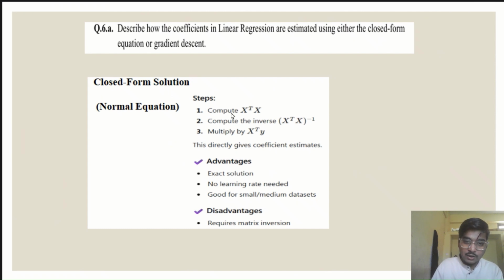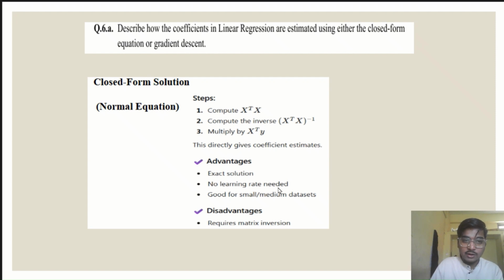First, we compute the transpose of X times X, where X is a matrix, and then we compute the inverse of this, the inverse of X transpose X. Then we multiply this whole value by X transpose into y, and we then directly get the coefficient estimates.